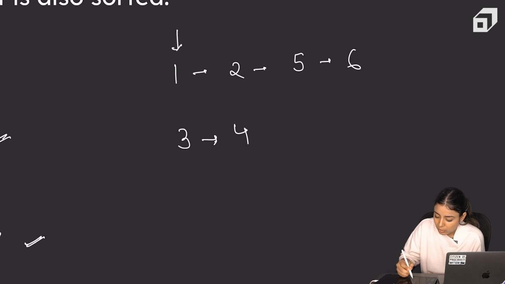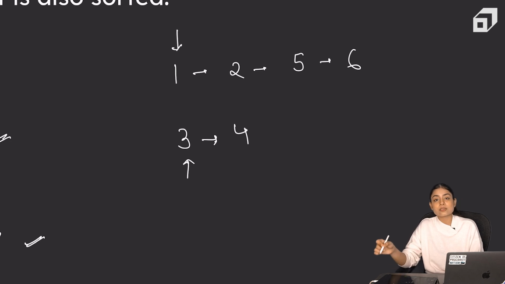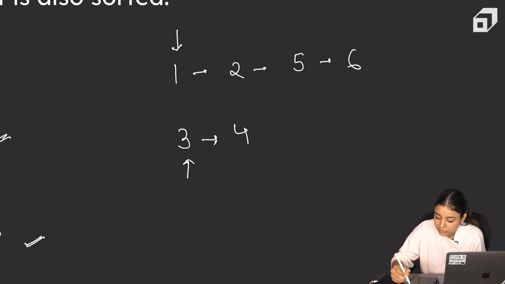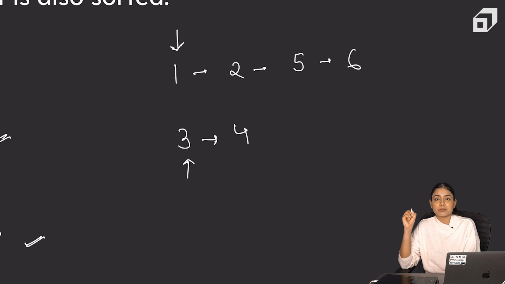So the smallest number in these two linked lists would come at the beginning of the linked list, right? Because these two linked lists are sorted themselves. So the smallest number either would be the first number in my first linked list or the first number in my second linked list.